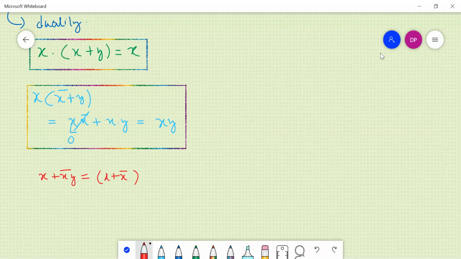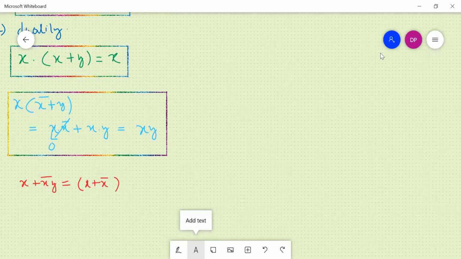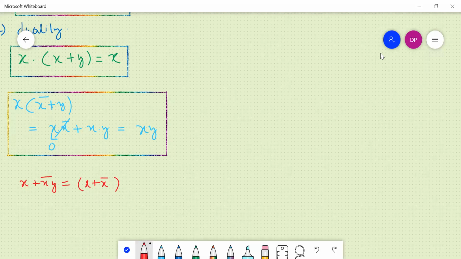Yeah. So what will be the answer to this? Someone should answer, then I will explain. Anyone say what will be the answer? x OR with x complement y. How to solve this?